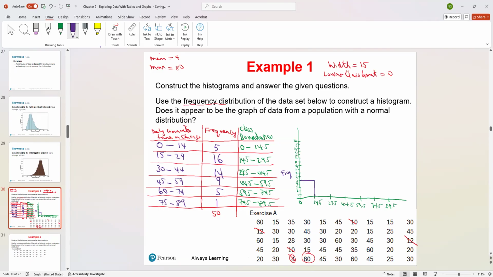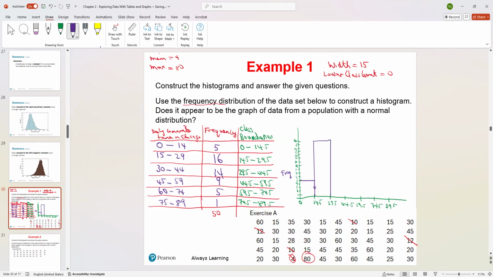Now, this next bar, 14.5 to 29.5, is 16. So we need to go all the way up there.